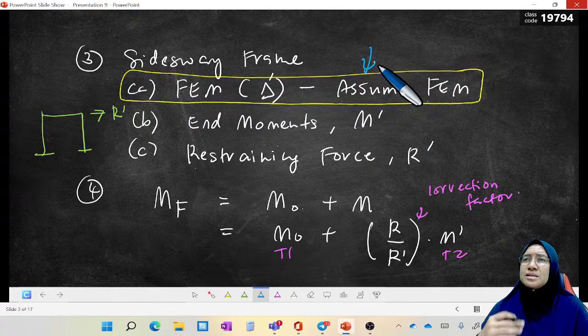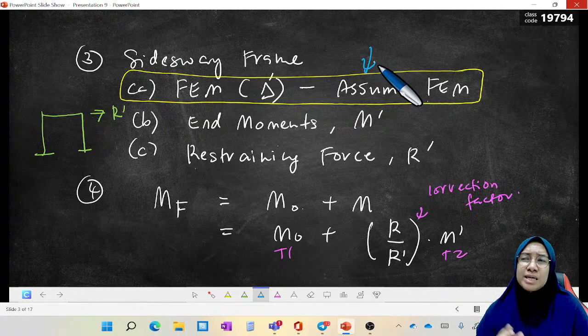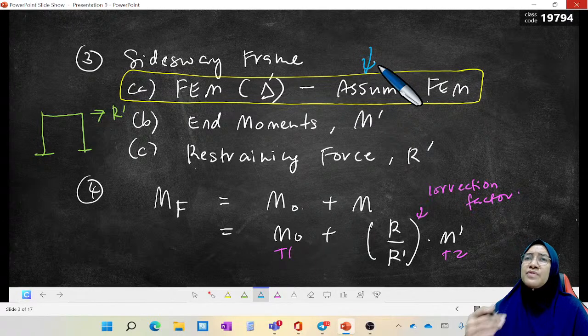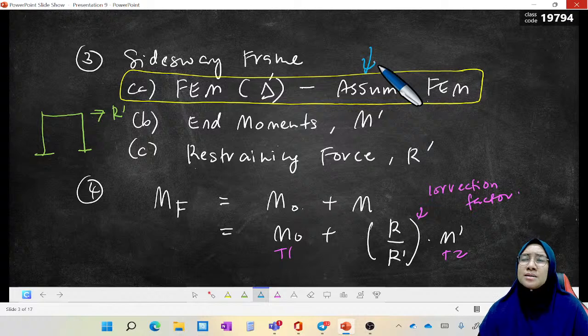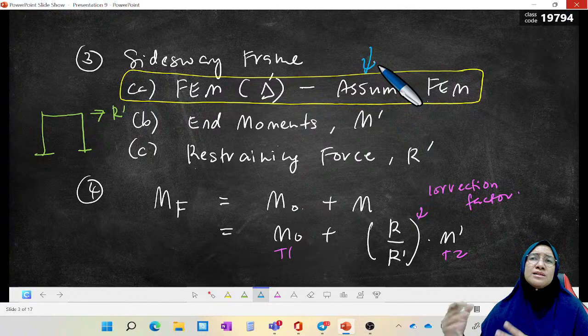The objective is to know whether students have the ability to analyze fixed end moment and member end moment using fixed end moment and distribution factor, and how students analyze sidesway frames and non-sidesway frames, and lastly the final end moment.